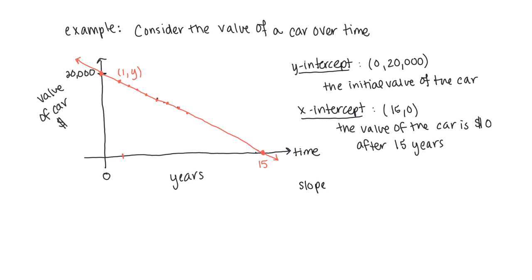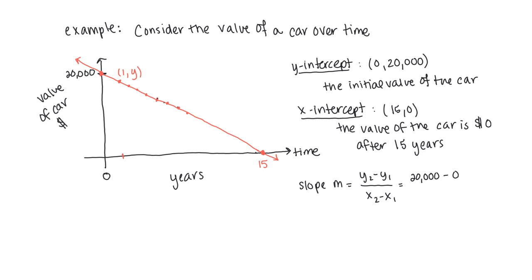So the slope of the line can be calculated using any 2 points. And all we have to do with those 2 points is take the difference in the y values and divide by the difference in the x values. So here are 2 points, our x and y intercepts. So we'll take 20,000 minus 0, from using this point and this point.